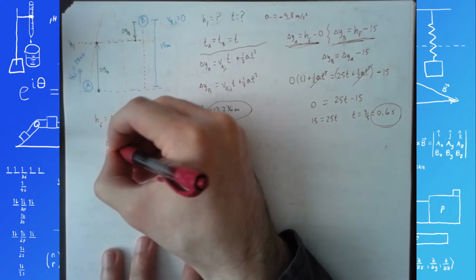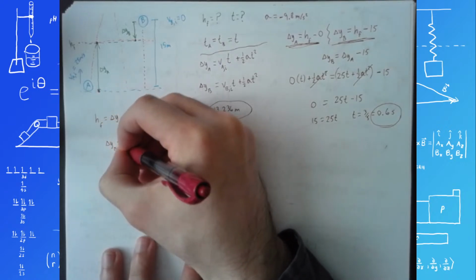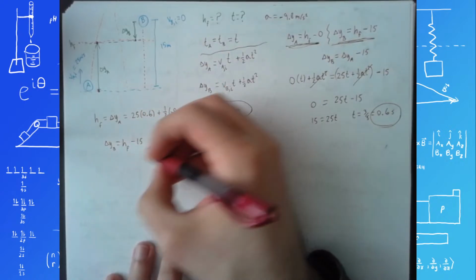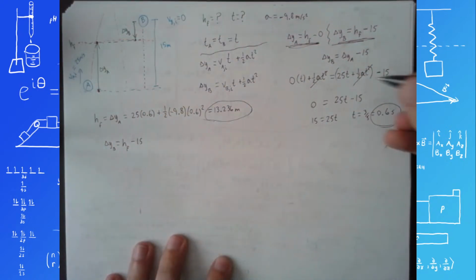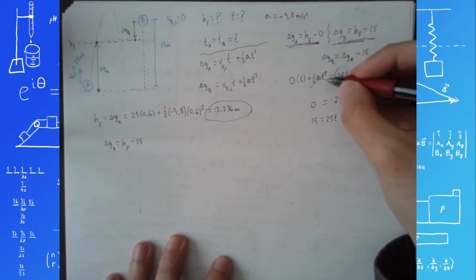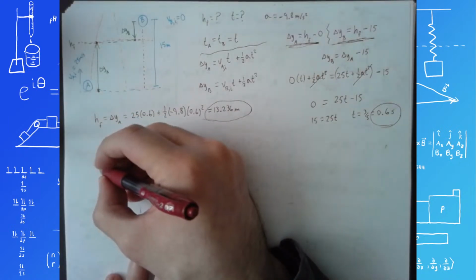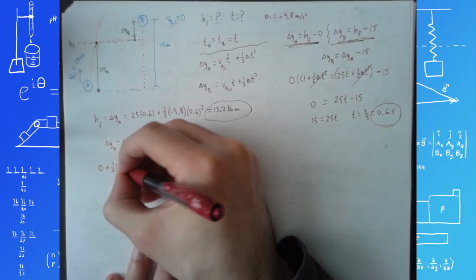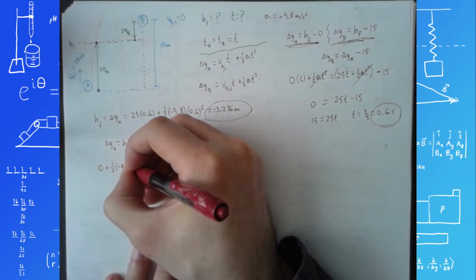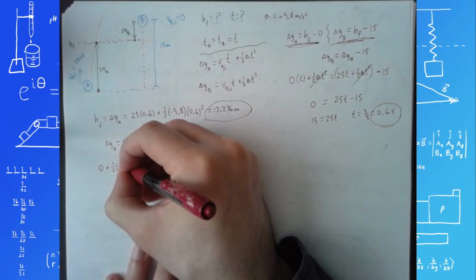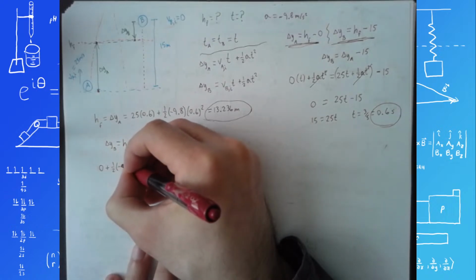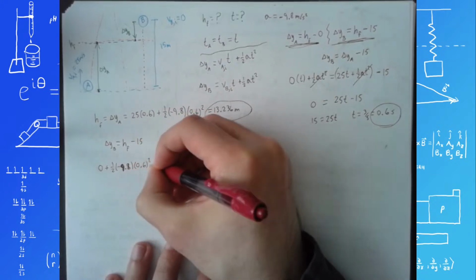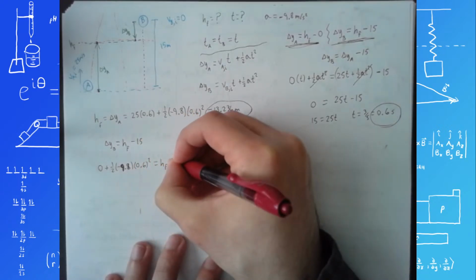Delta YB equals H final minus 15. So if I go delta YB, what was it again? It was 0t plus 1/2 AT squared. So 0 plus 1/2 negative 9.8, getting ahead of myself, negative 9.8 times 0.6 squared equals H final minus 15.